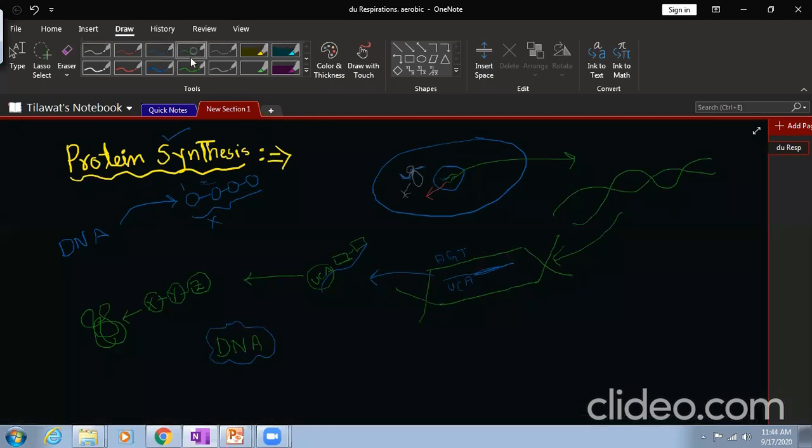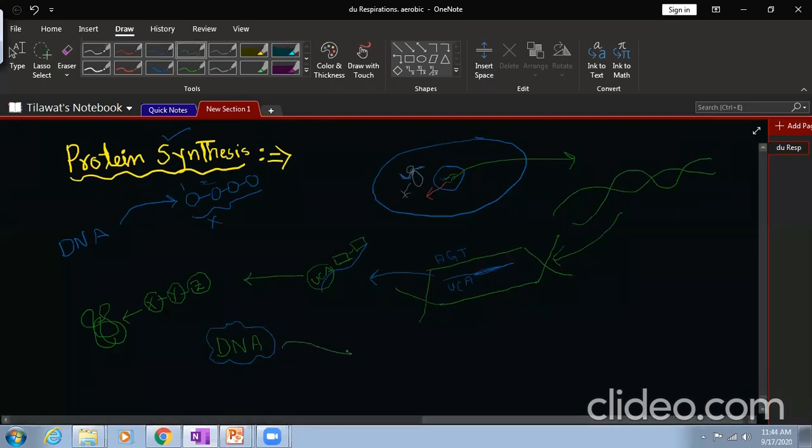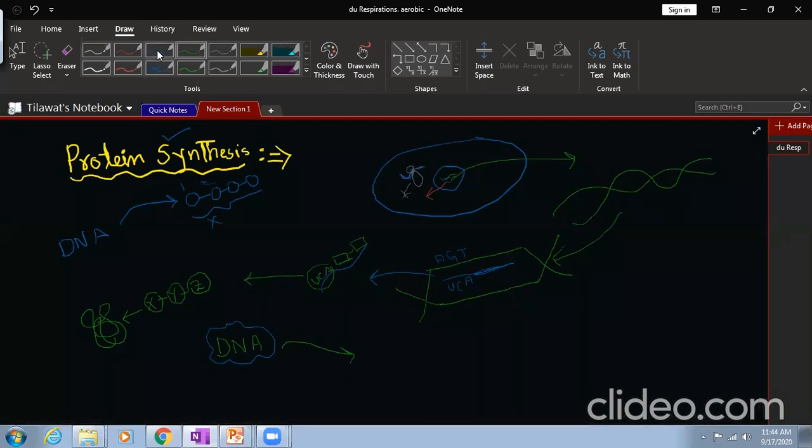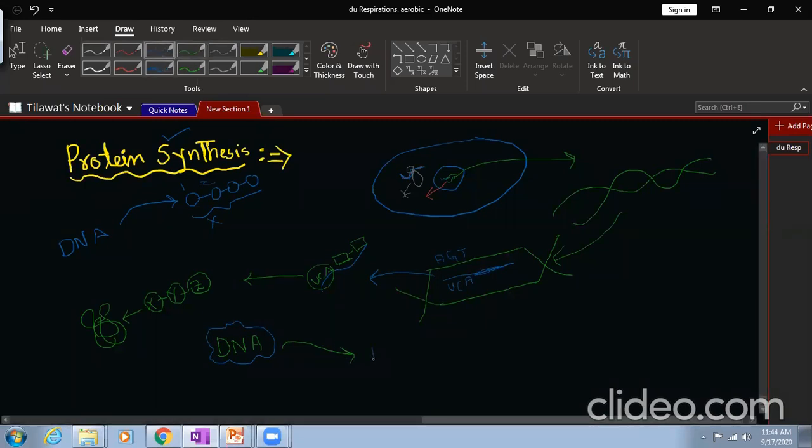Okay, when it converts into messenger RNA, that messenger RNA passes through the nuclear pore of the nuclear membrane of the nucleus and reaches the cytoplasm, and within the cytoplasm it binds with the ribosome, and the ribosome reads that sequence of messenger RNA.